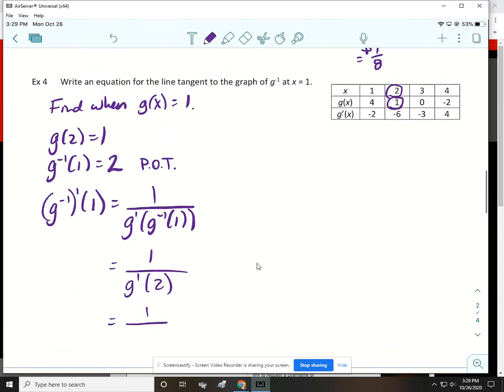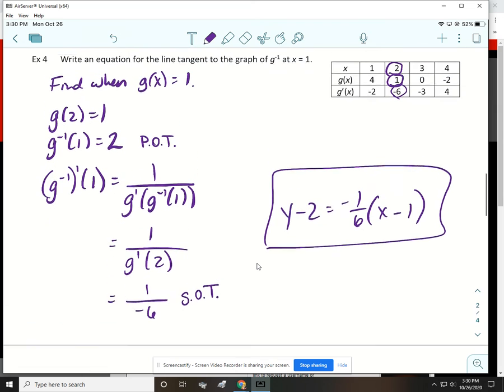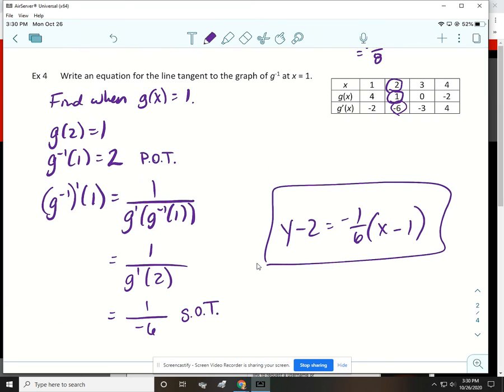And then I know g prime of 2 is -6. That's your slope of the tangent line. All right, so we have y minus 2 equals -1/6 times x minus 1. That one, to me, is kind of confusing the way it's worded, but that is it.